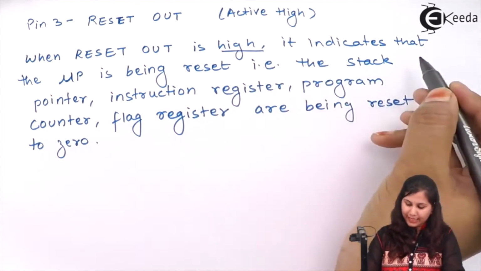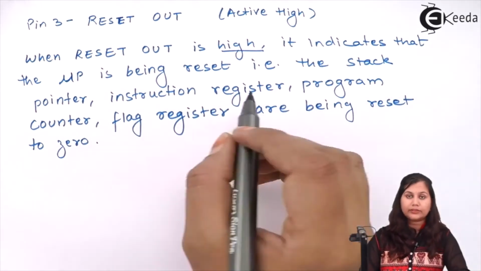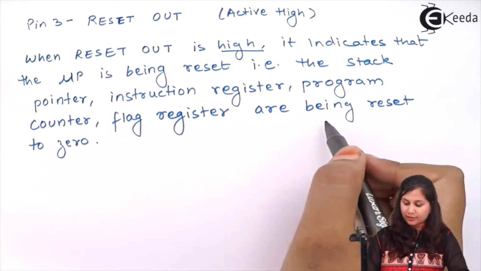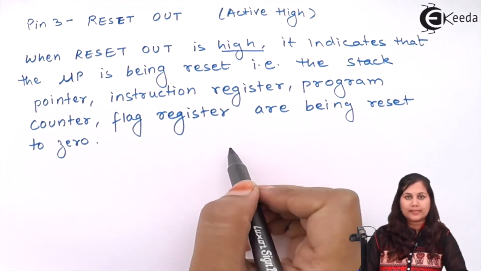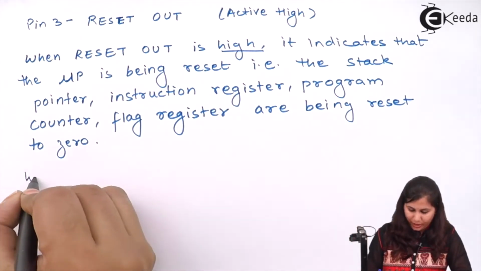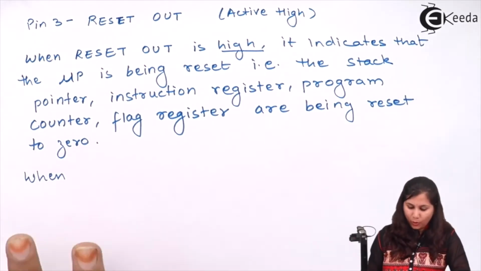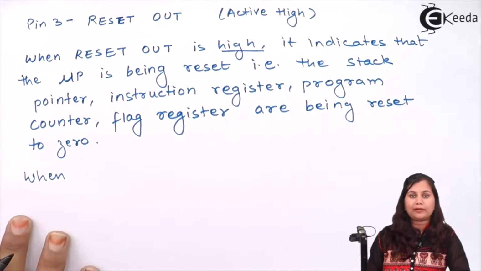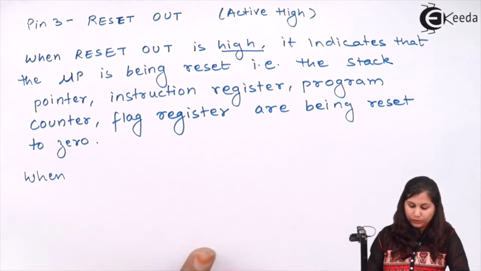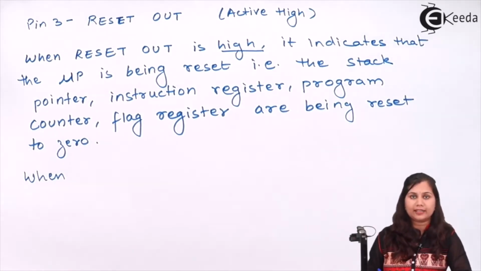when this signal is high, it indicates that the microprocessor is being reset. That is, all the registers and the flag register, program counter, instruction register, all are being reset to 0. So it has been brought to the initial conditions. Now, when you first start the microprocessor, then the whole system, including the microprocessor, CPU, ALU unit, and the control unit, all the chips of the 8085, they are in the reset condition.